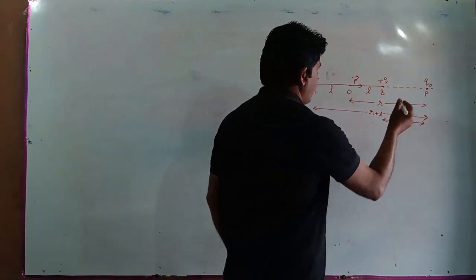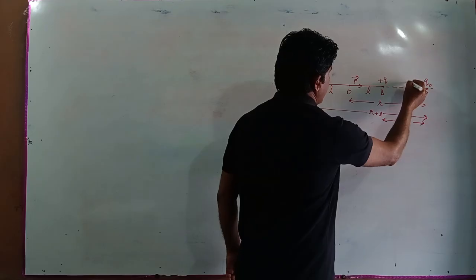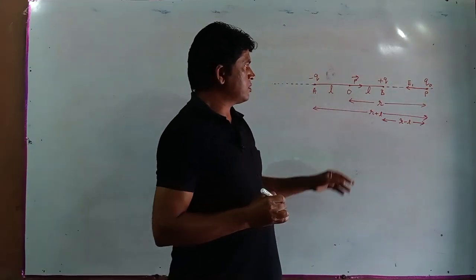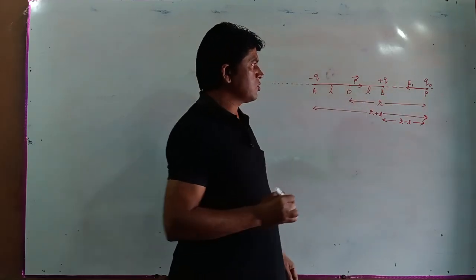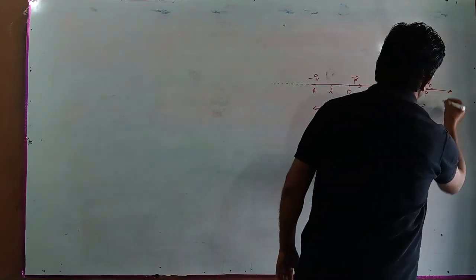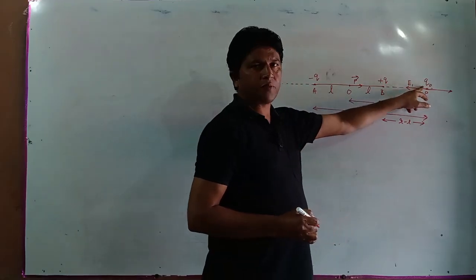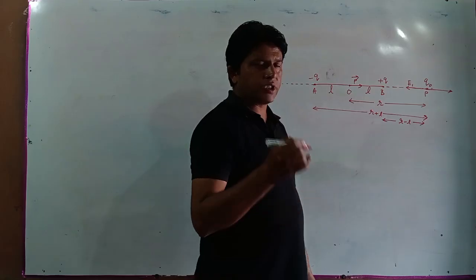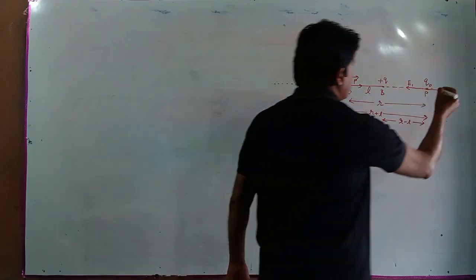So, the direction of intensity is towards the left side like this, and it is represented by E1. Similarly, intensity is produced by plus q at this point towards the right side, because this is plus and the test charge is also by default plus. So, it experiences a repulsive force. Due to this, the intensity acting is E2.